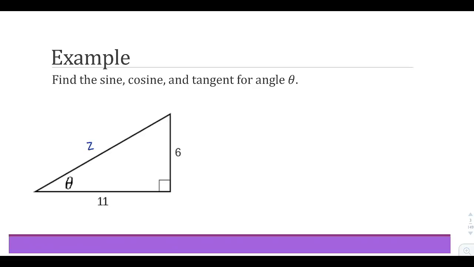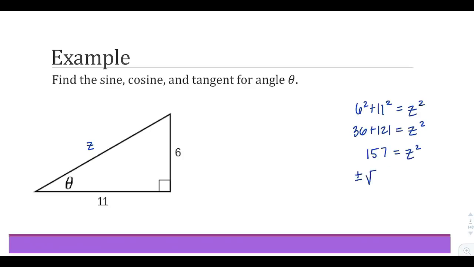I'll call that side length z and do that work off to the side. 6 squared plus 11 squared has to equal z squared, or 36 plus 121 equals z squared. So 157 equals z squared.